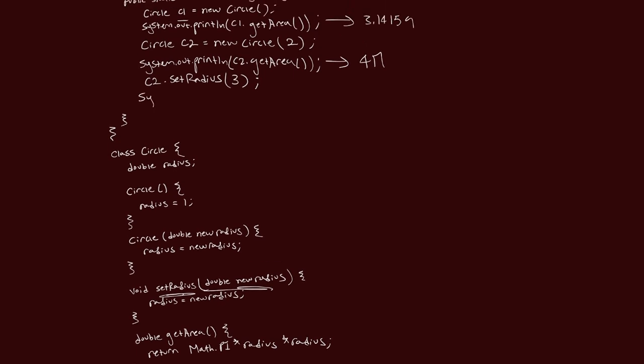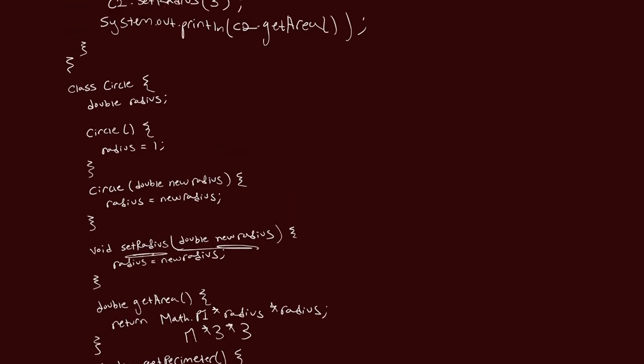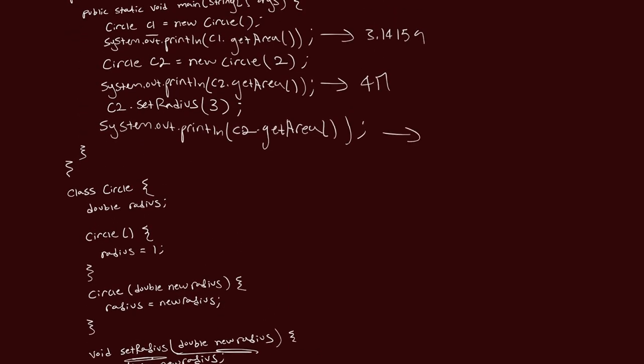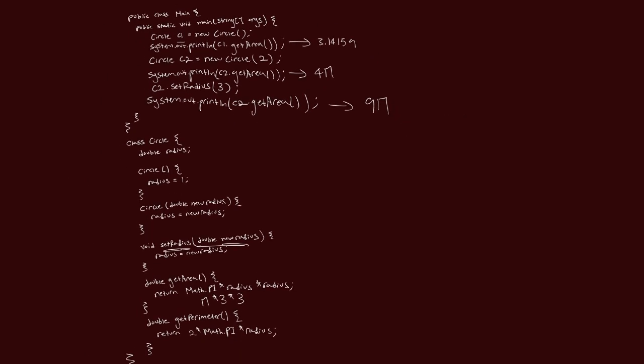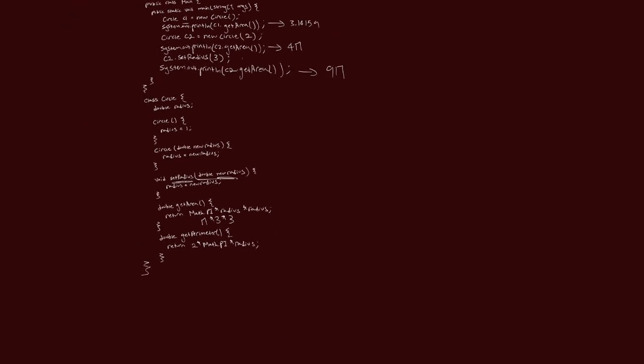And then if you print out getArea, radius is now 3, so when we call area, it's going to be pi times 3 times 3, so 9 pi. And then it displays the decimal value of 9 pi. If you want the perimeter, you would just do c2.getPerimeter and then close the bracket.